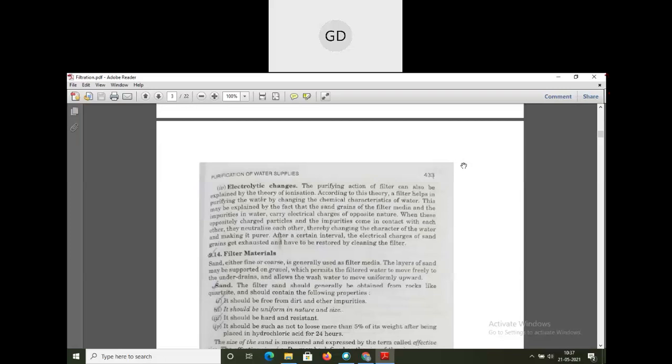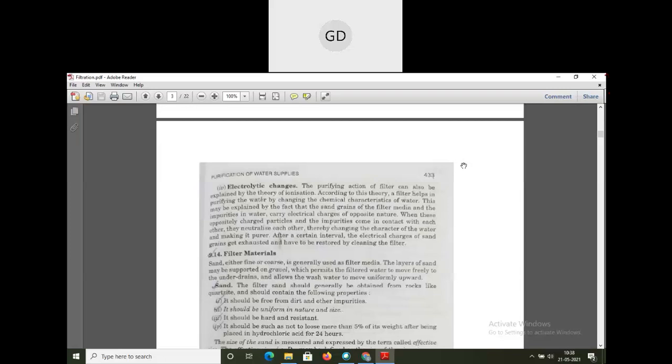So when these impurities and the filter media, or the sand grains, come in contact with each other, both the charges will get neutralized. Since they are carrying opposite charges, when the impurities present in the water and the sand grains in the filter media come in contact with each other, the electrical charges will neutralize each other.